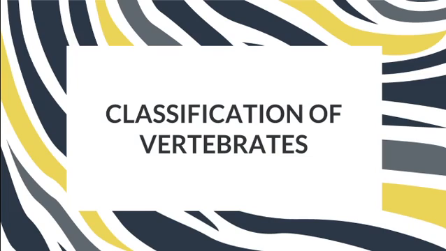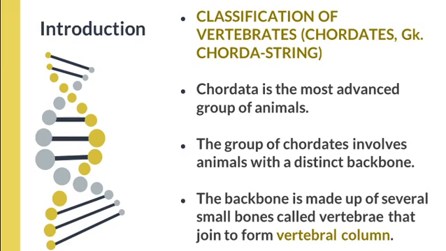Classification of vertebrates or chordates. Chorda means string. Here vertebrate means animals that have a backbone. Animals that have a distinct backbone are called vertebrates or chordates.